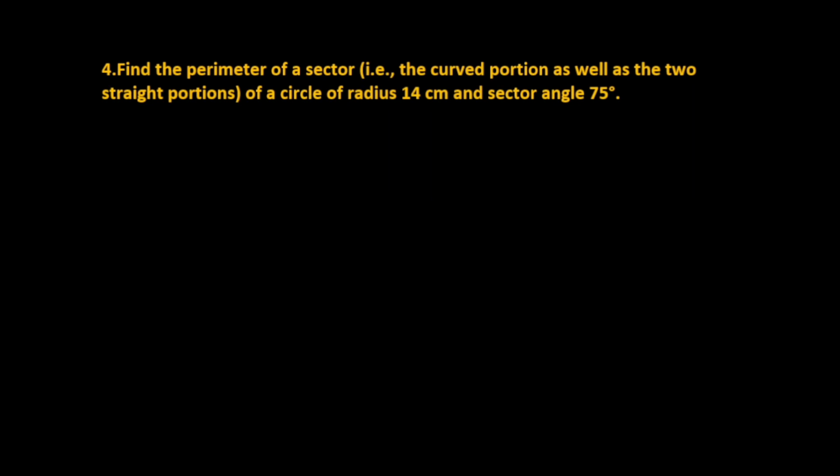Fourth question, find the perimeter of a sector. In the bracket, the sector explanation is given. You know very well what a sector is. A sector is nothing but 2 radii with the arc length. So this is a radius, the angle is here, and L is the arc length. When we are finding the perimeter, we need to add the arc length plus this radius plus this radius.